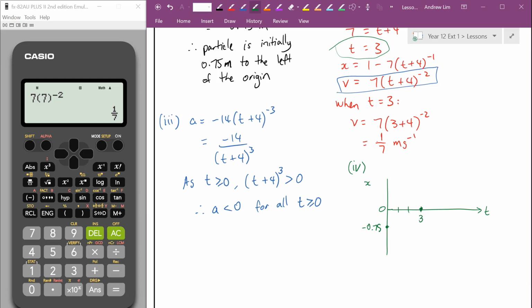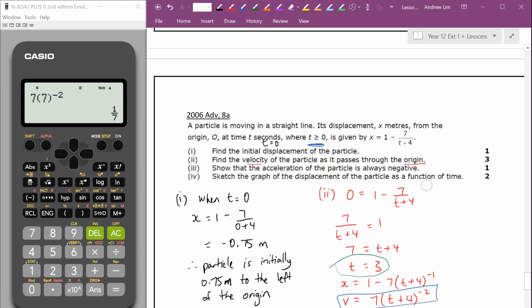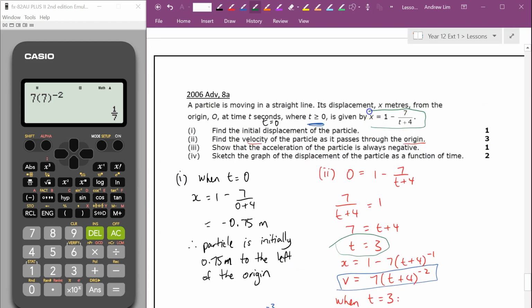And we want to know, basically, what this graph is going to look like and whether it's going to approach a particular number. I might actually call this one 3. That might make it easier to see what's happening. Now, when we look at the original function here, we can see that this fraction will never equal 0. No matter what t is, 7 divided by any number will never equal 0.